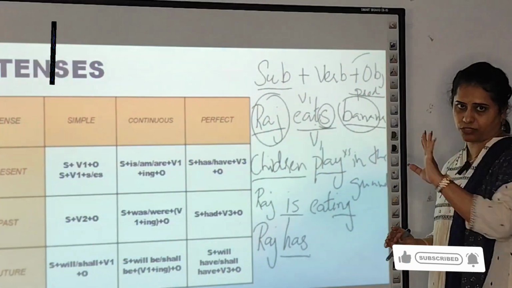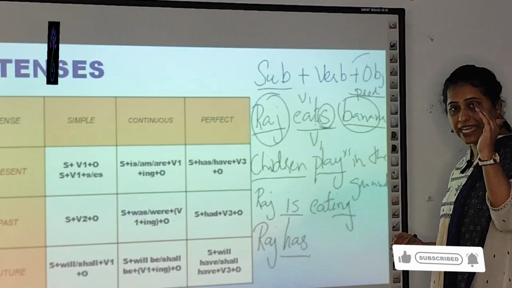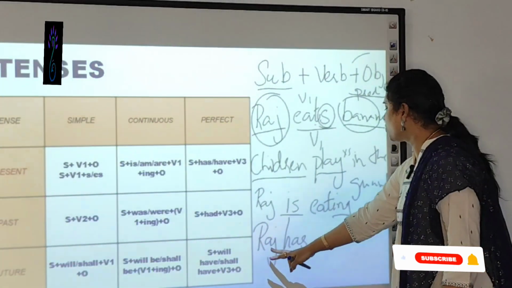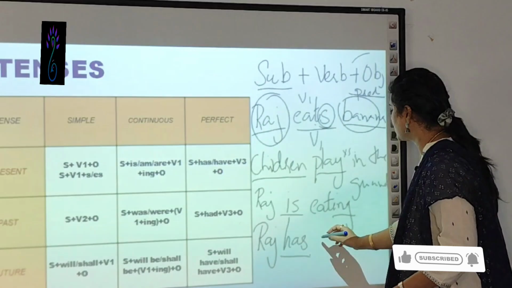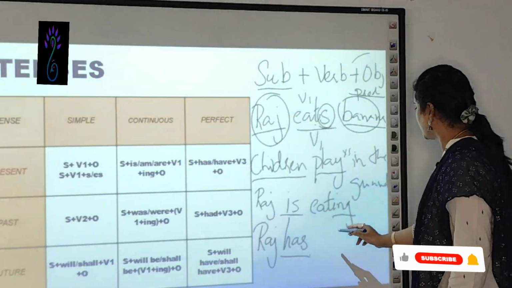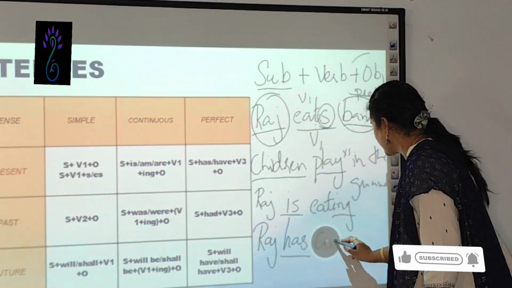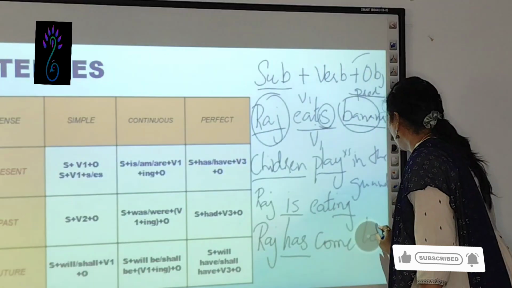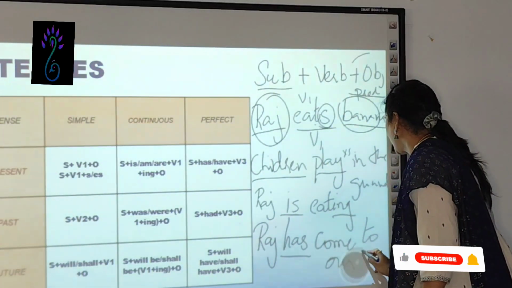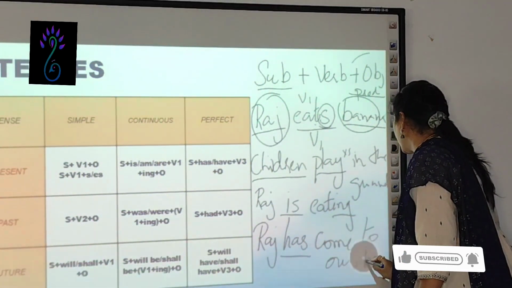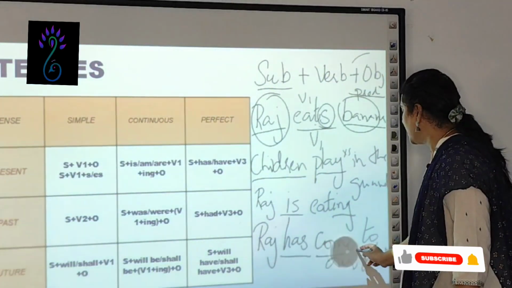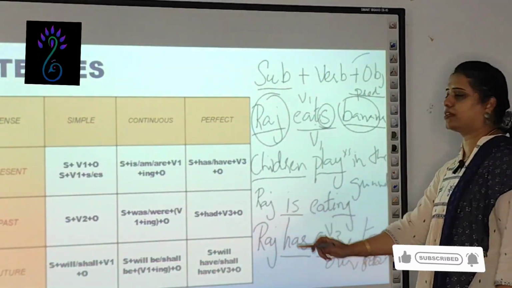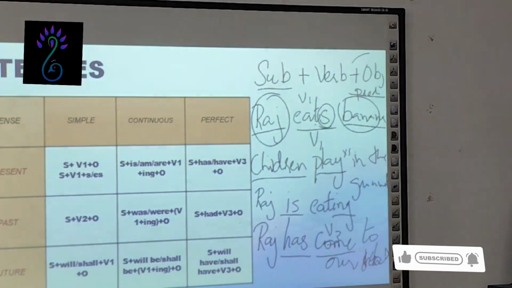You should not say you has. So, Raj has come to our school. Has come. Come is V3 form over here.